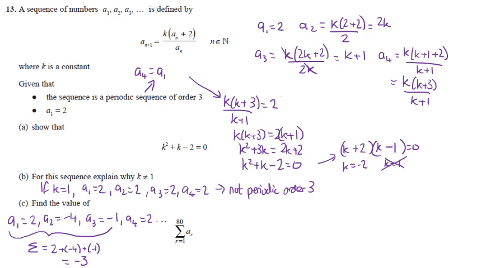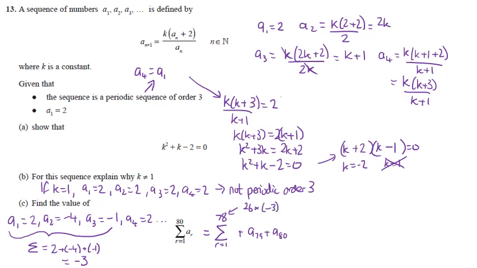And if there are 80 terms, then we can split that up. We can say, well, it's the sum of the first 78 terms, and then plus a79 plus a80. Now, why 78 is because that's a multiple of 3. So that's 26 times the sum of the first 3.